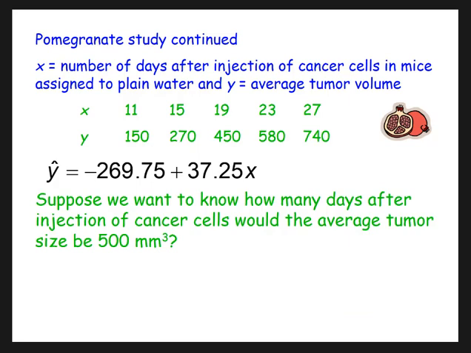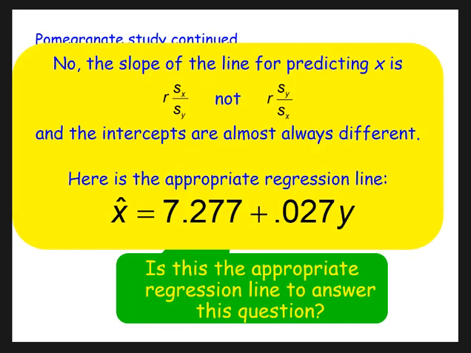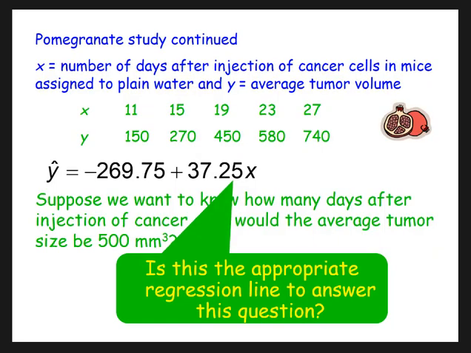Suppose we want to know how many days after injection the cancer cells would average 500 millimeters cubed. We put that in for y now. We solve. Oops. If we tried to put it in for y hat and solve, would that be appropriate?